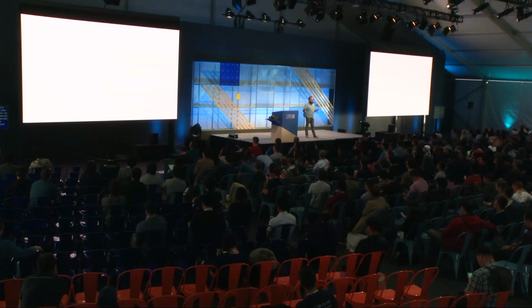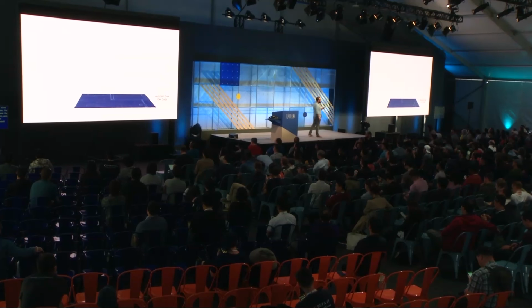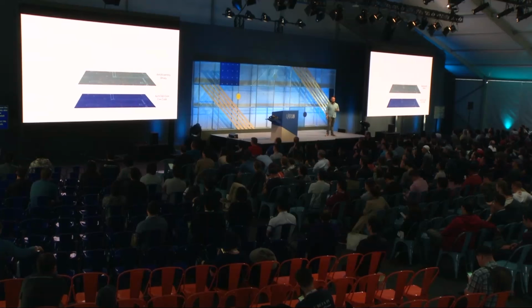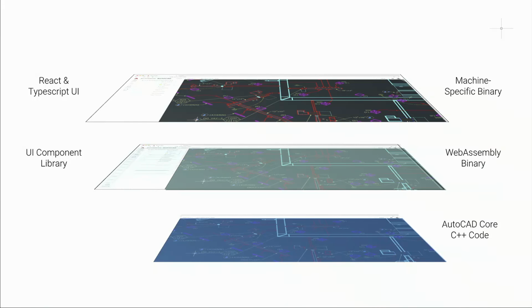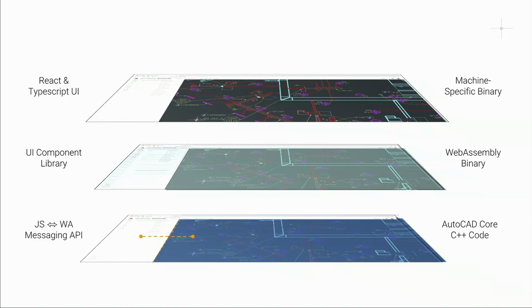So how did we make this happen? We have the common AutoCAD C++ code base, which we translate with Emscripten, which gets compiled at runtime in the browser. We have our React and TypeScript UI running on the main thread, and it works together with WebAssembly modules running on a web worker to create the AutoCAD web application.